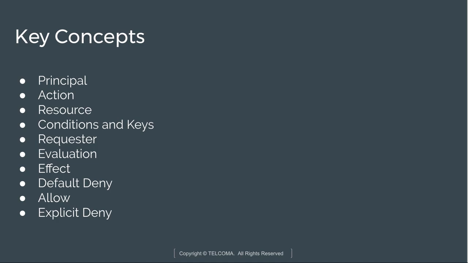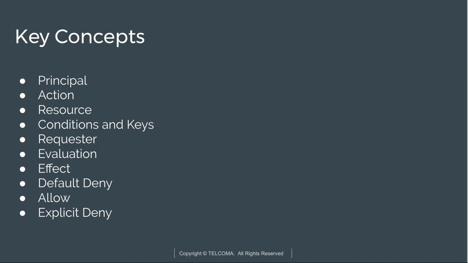A default deny is a result from a policy in the absence of an allow or explicit deny. Allow results from a statement that has effect equal to allow, meaning all conditions are met.